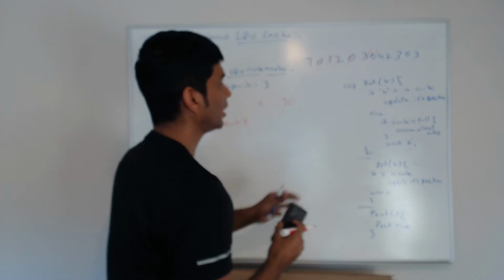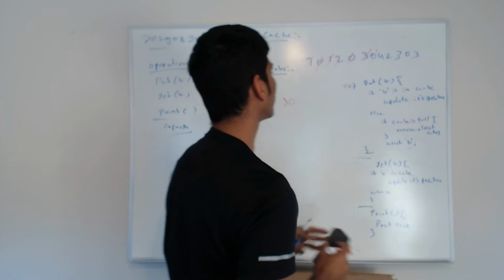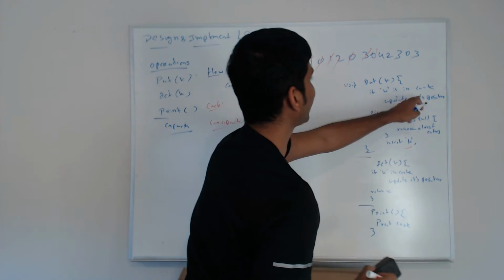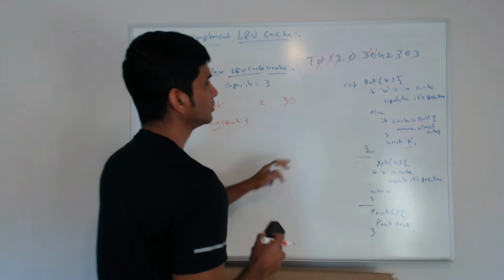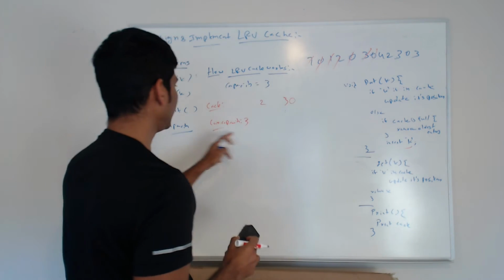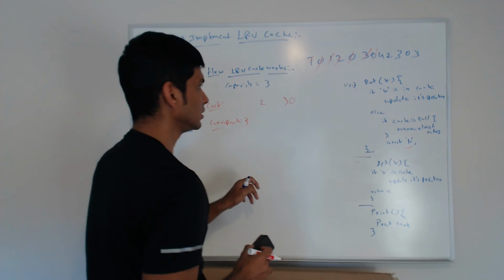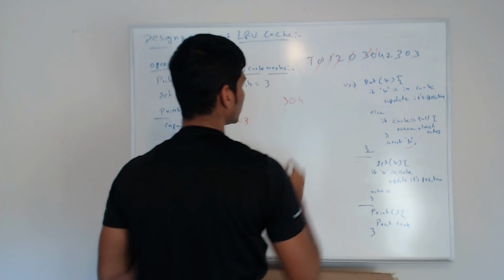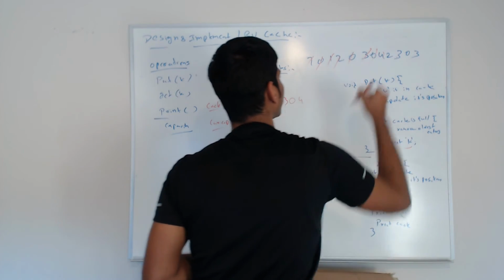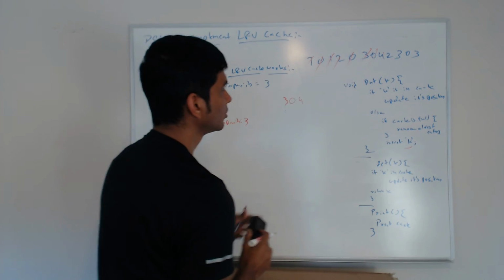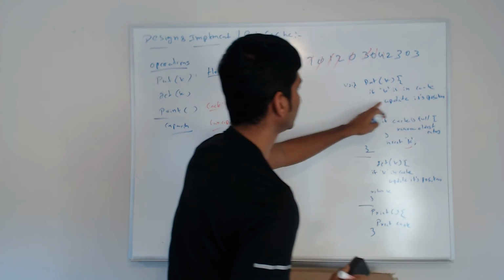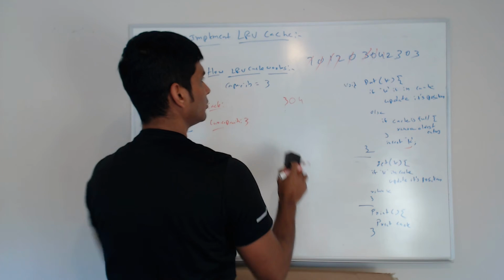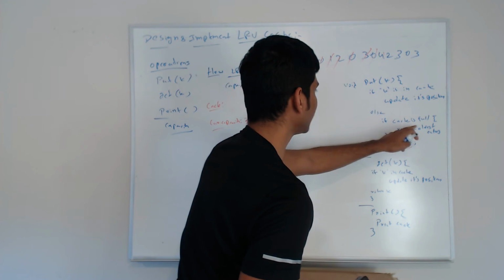Let's say that now we call put on 4. Is 4 in cache? No. We check, is the cache full? Yes, because the capacity is 3. Then we remove the oldest entry, that is 2, and put 4 here. Now we call 2. Is 2 in cache? No. Then we check if the cache is full.